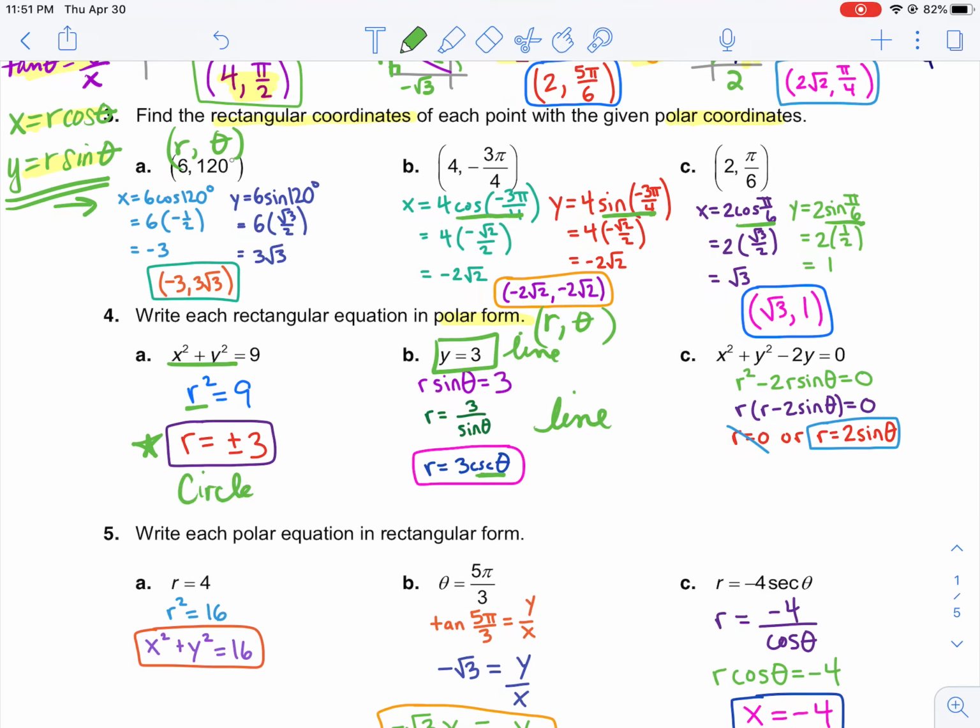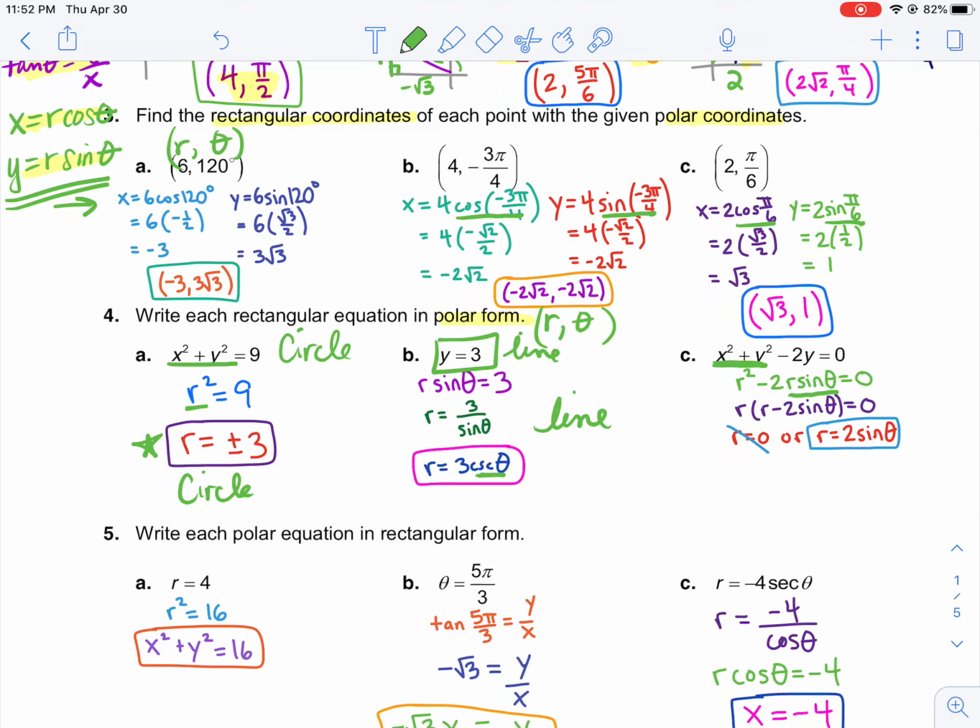If I graph this, this is going to be a circle. Just like, if you guys remember, this is a circle in rectangular form. Then this last one over here, if I took x squared plus y squared, that would give me r squared. Y, I know, is r sine of theta. If I factor out the r, I end up with r times r minus 2 sine of theta.